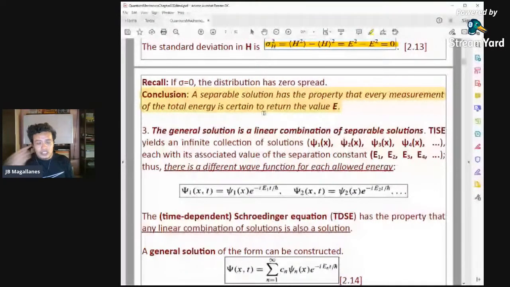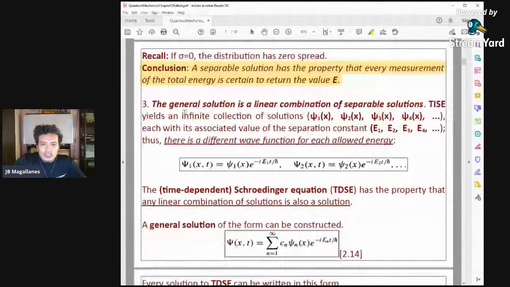Now, that is just one solution of the Schrodinger equation, but there is a general solution, which is a linear combination of separable solutions.